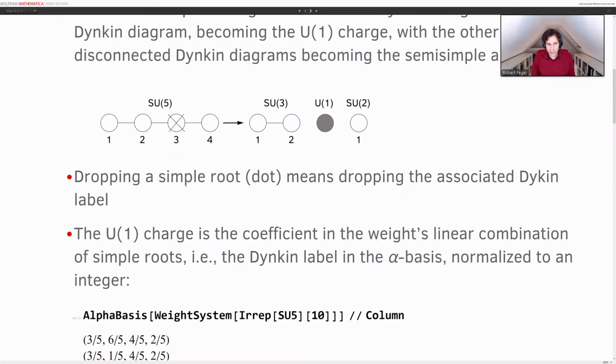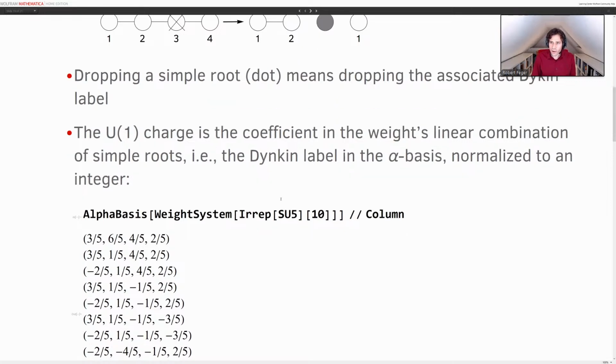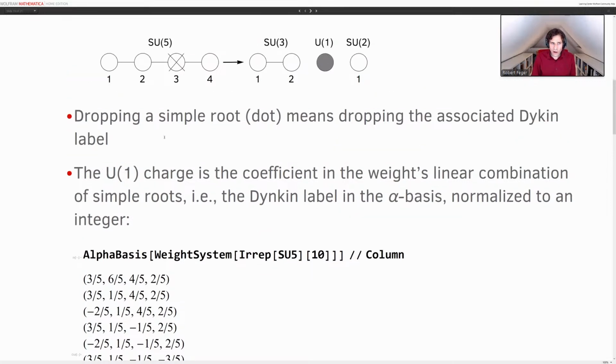Dropping a simple root from the Dynkin label means just dropping the individual Dynkin label, the third one in this case. So the U1 charge is now the coefficient in the weight's linear combination of simple roots. I said that weights are linear combinations of simple roots, and the U1 charge is just the coefficient for a weight with respect to the third simple root.